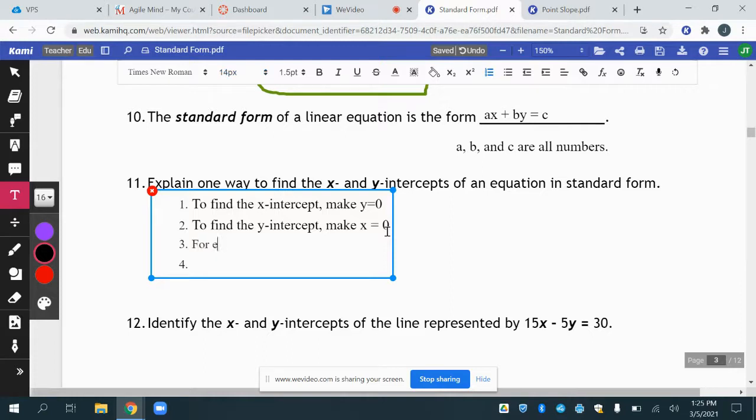For each of these, graph the resulting point.